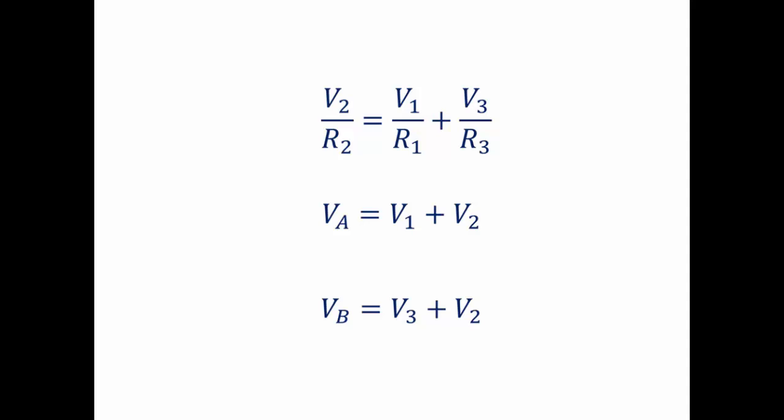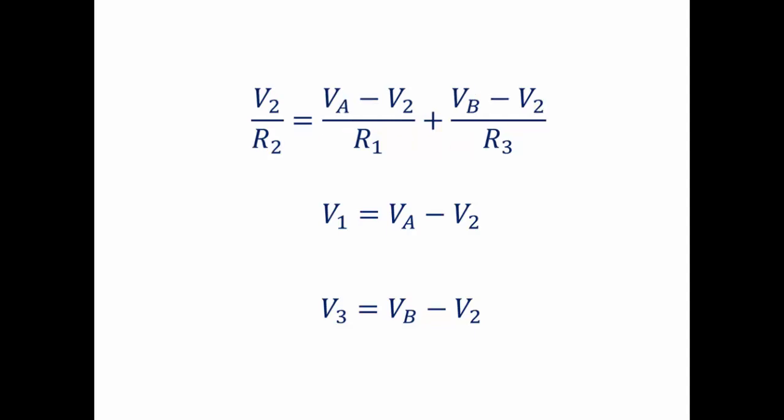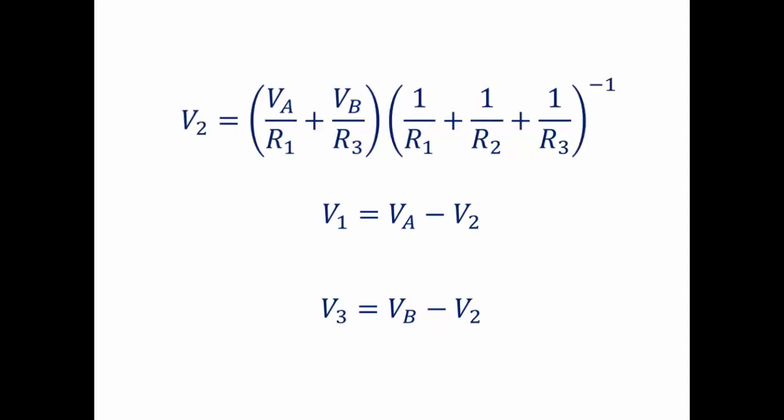And there's a number of ways to do that. Let me solve the second and third equations for V1 and V3. So V1 is just VA minus V2, V3 is just VB minus V2. All I've done is rearranged these 2 equations. Now I have an expression for V1 and V3, which I can put up in the top equation. So here I've just inserted those expressions in the top equation. Now look, in this first equation, there's only one unknown, V2, and I can solve for V2.